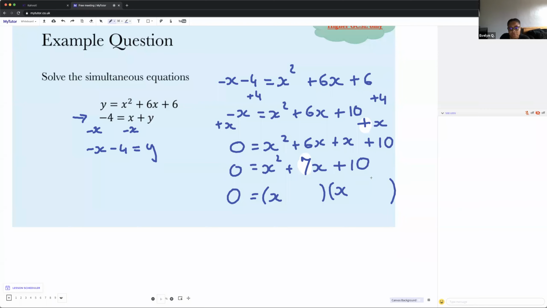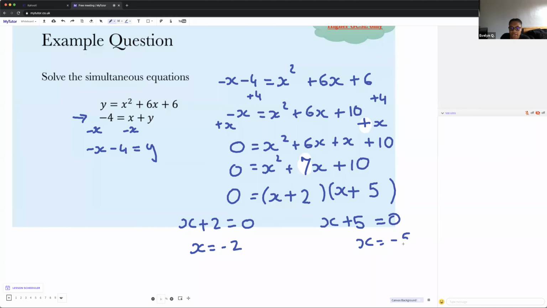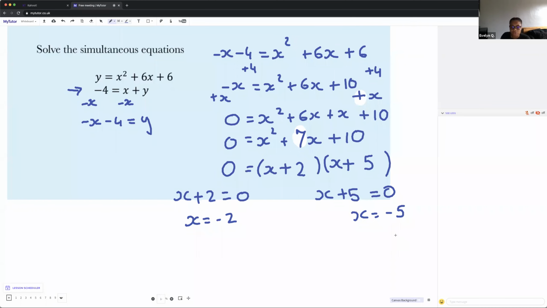But two numbers that multiply to make 10 and add together to make 7 is 2 and 5. So we've got these in our brackets. We set each bracket equal to 0. So we've got x plus 2 equals 0 and x plus 5 equals 0. So then x equals minus 2 and x equals minus 5. And those are my two solutions for x.